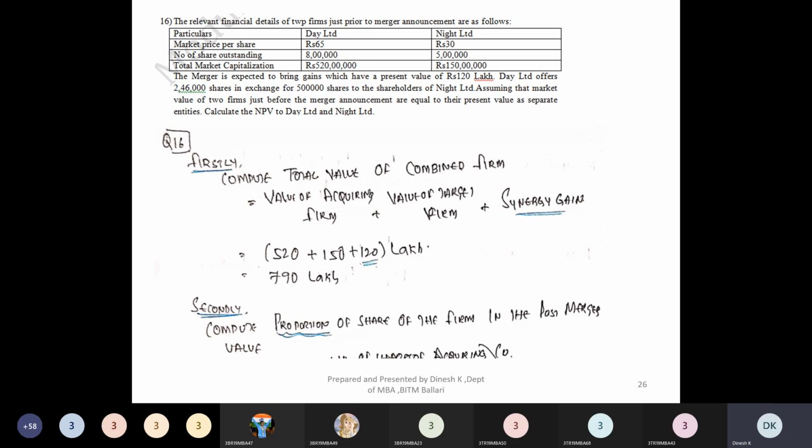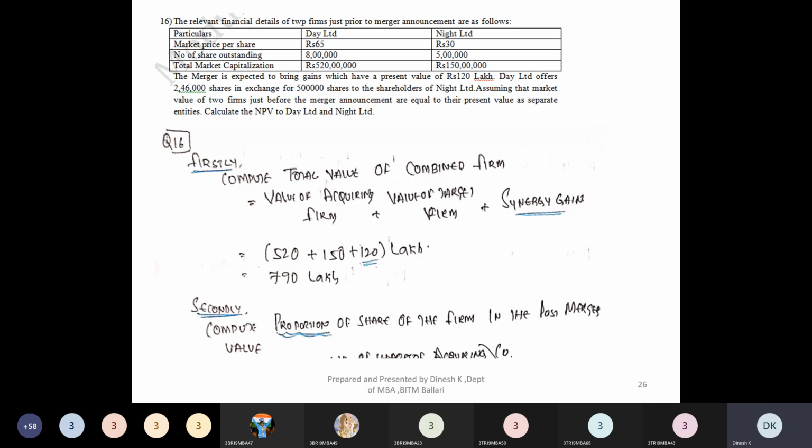What is the net present value? Nothing but the gain. Actually, we talk in the form of gain there, right? So to calculate the net value by taking into account the synergy gain, what is the value for the firm? When we come across the concept of NPV, we have to use this methodology. First, we need to calculate the combined market value of the combined firm.